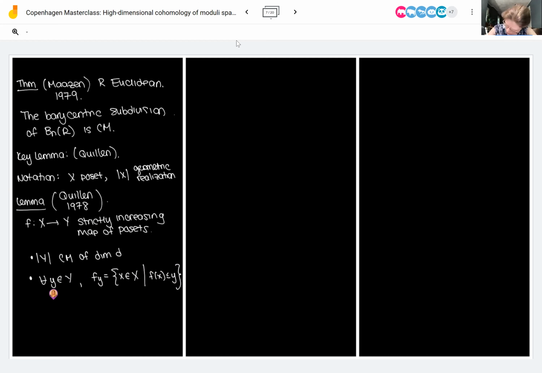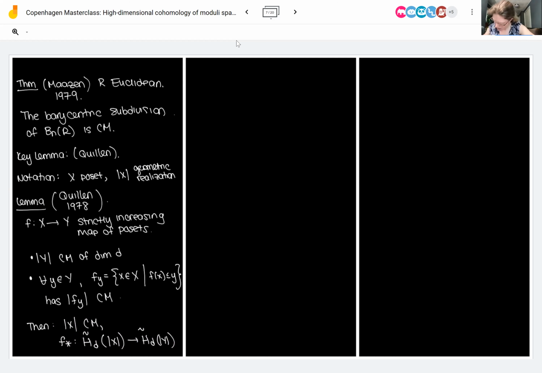If for every y this subposet of X is also Cohen-Macaulay, then the conclusion is that X is Cohen-Macaulay, and importantly for our purposes, it will imply that the map induced by f on the top homology of the geometric realizations is surjective.